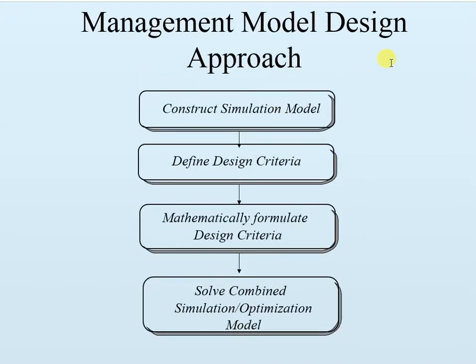Contrast that with the management model design approach. Here we construct a simulation model, same first step. But instead we now define the design criteria. What would we like the state of the system to be? Then we mathematically formulate those design criteria, and we'll see how to do that in future episodes. And then we solve an optimization problem in one step, so we're done at that point.